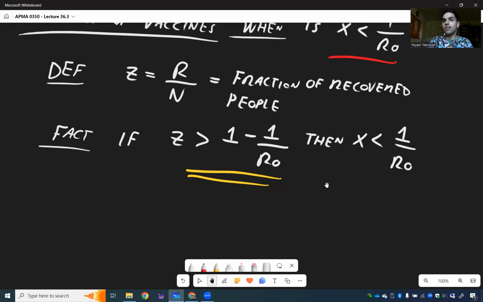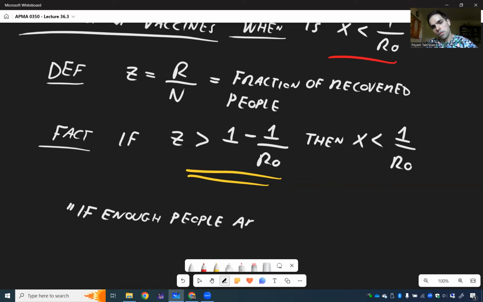So, in other words, if enough people have recovered or are immune to COVID, then we are in the good region. So if enough people are vaccinated, then we're stable.